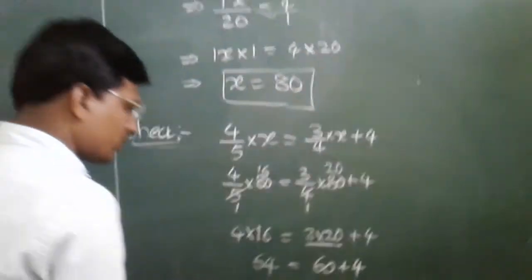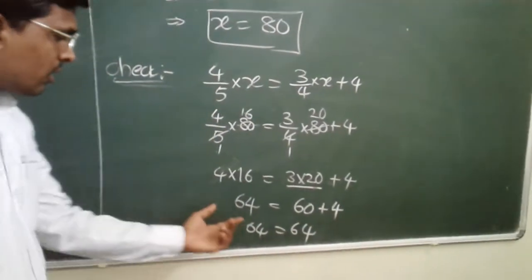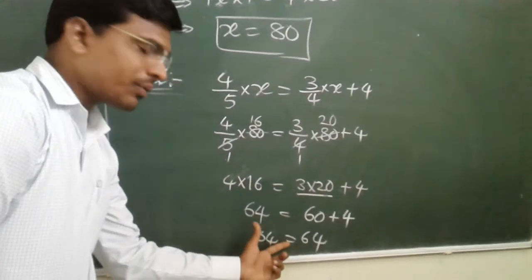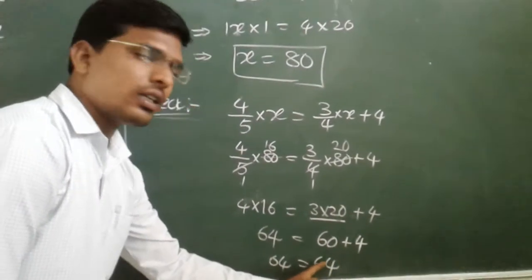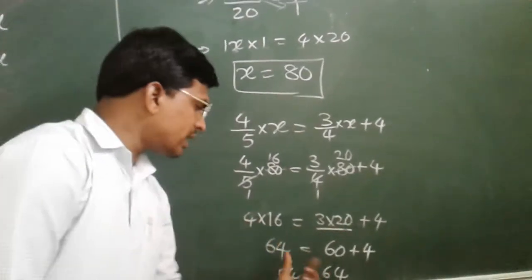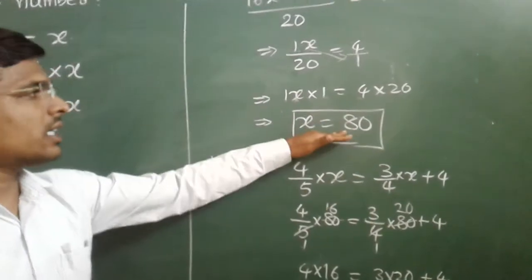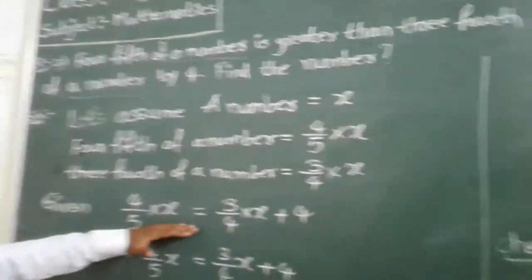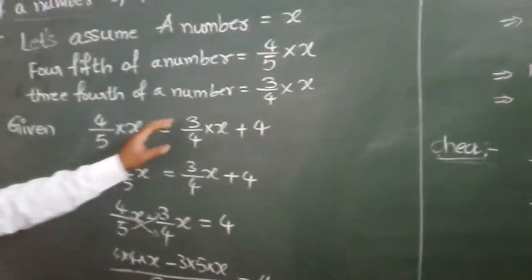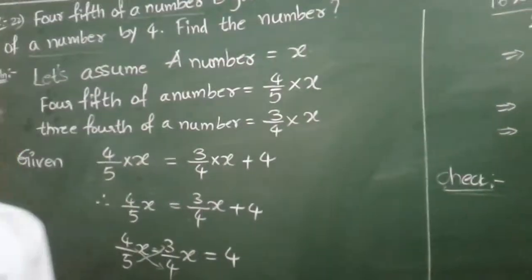So 64 is equal to 64. On the left hand side you got 64 and on the right hand side also 64, the same answer on both sides. So our answer is correct, x is equal to 80. The equation we assumed is the correct equation, and if you check the answer, you get the right answer.